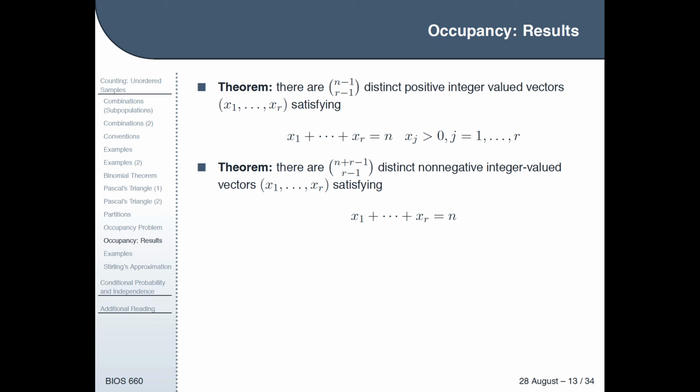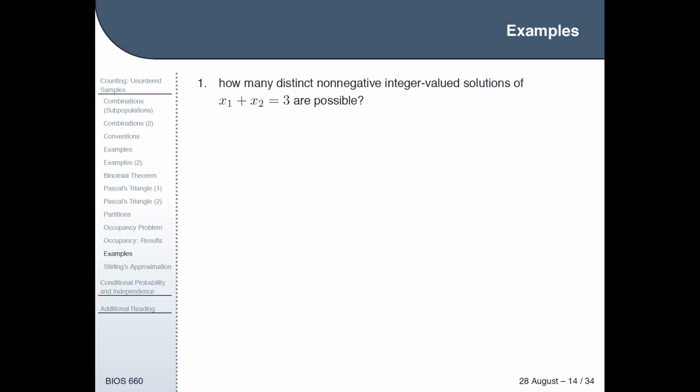And if you allow the possibility that some of the x's are equal to 0, then there's a total of n plus r minus 1 choose r minus 1 non-negative integer solutions such that their sum is equal to n. So, even if you don't entirely understand where the formula came from, how many distinct non-negative integer values of x1 plus x2 equals 3 are there?